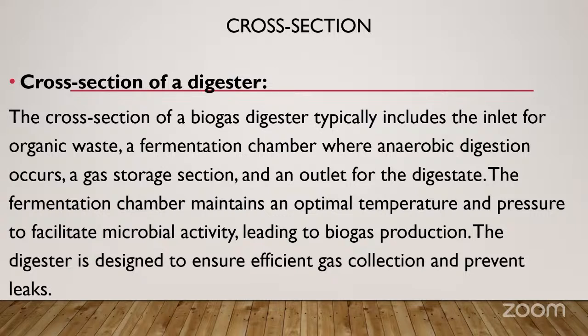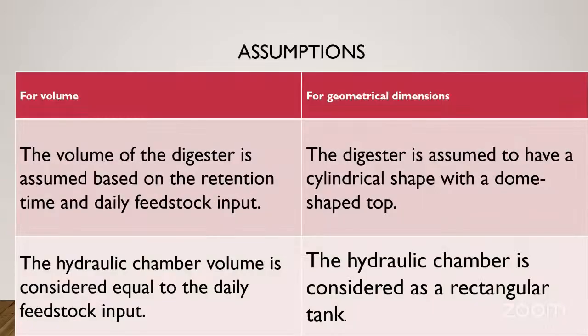When you get the treated waste at the outlet level, you can use it as a fertilizer. So not only do you get energy in terms of gas, which can be used as heat or electricity, but in addition you also get manure or fertilizer.